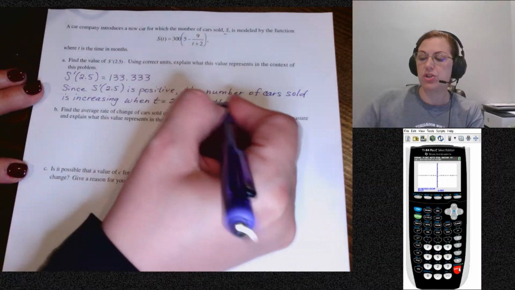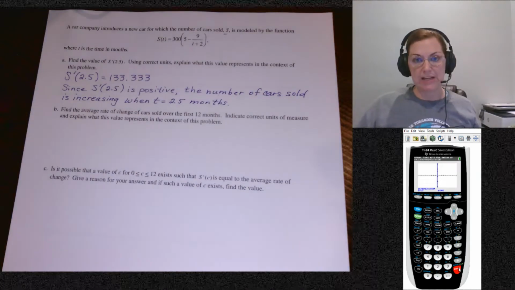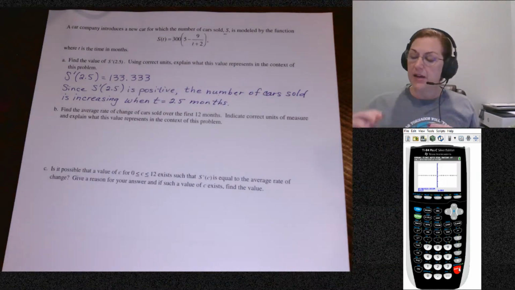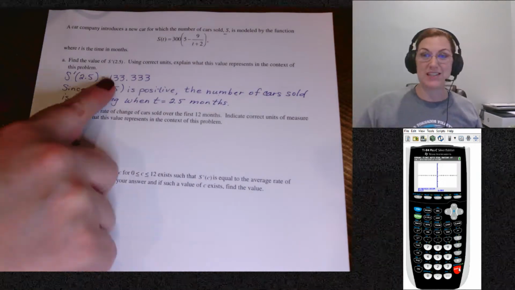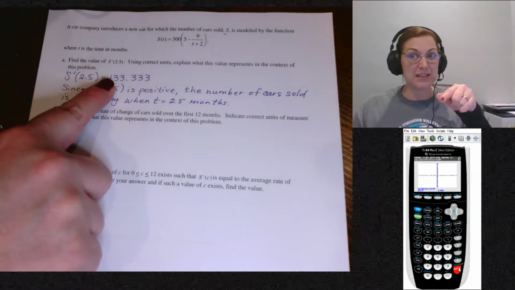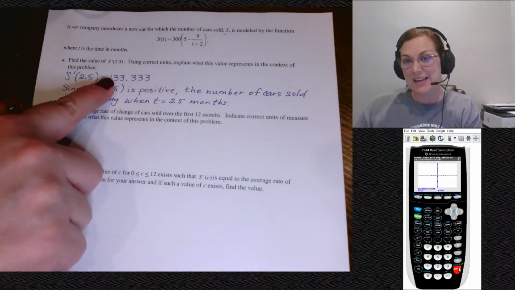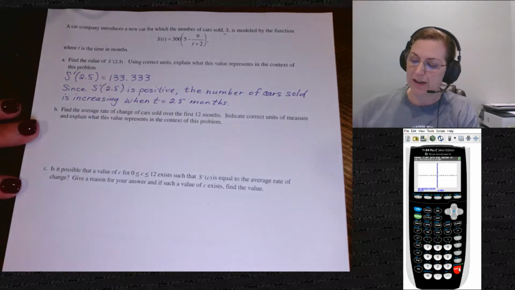Okay, so did you notice that I used the correct units? And then I also explained what this means. Because it's positive, it means that the number of cars being sold is increasing, and that's important to include as well.